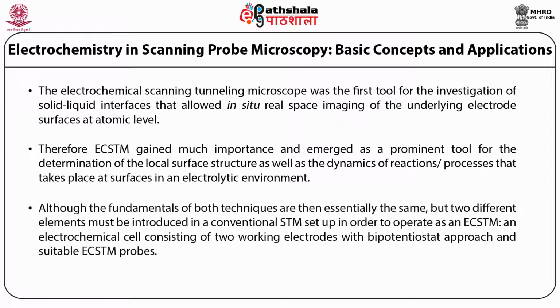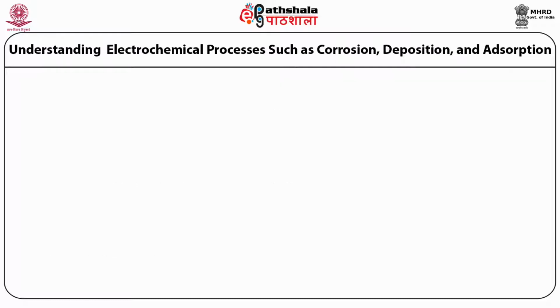Although the fundamentals of both techniques are essentially the same, two different elements must be introduced in a conventional STM setup in order to operate as an ECSTM, that is, the electrochemical scanning tunneling microscope. An electrochemical cell consisting of two working electrodes with a bipotentiostat and suitable ECSTM probes are the ones which are put in use.